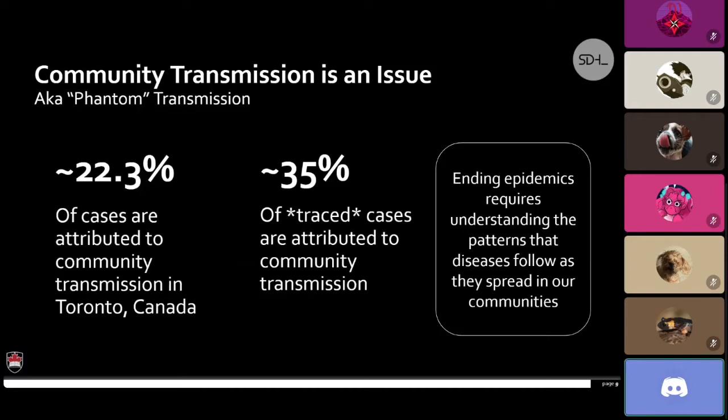And basically, once we eliminate all those possible avenues, we are left putting these cases in this category of community transmission. These are the cases that we don't really know where they're coming from. They just appear a little bit out of the blue, and it makes understanding where these cases are coming from and where they're being spread really difficult.